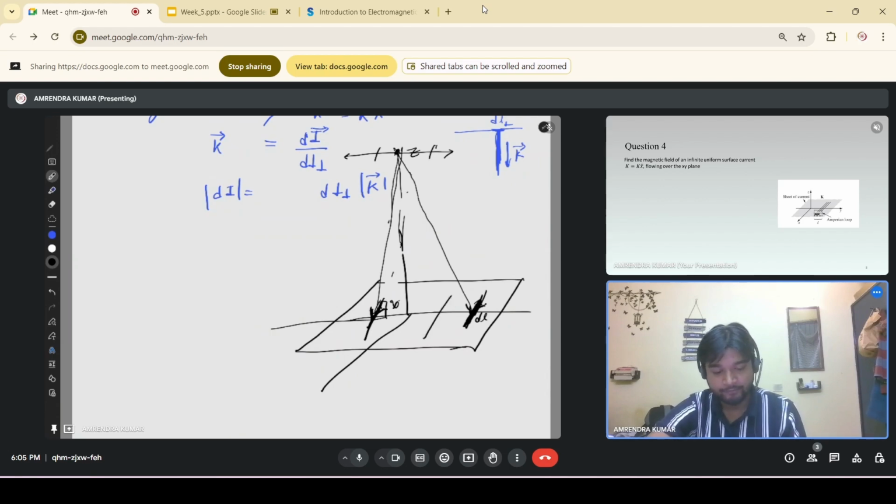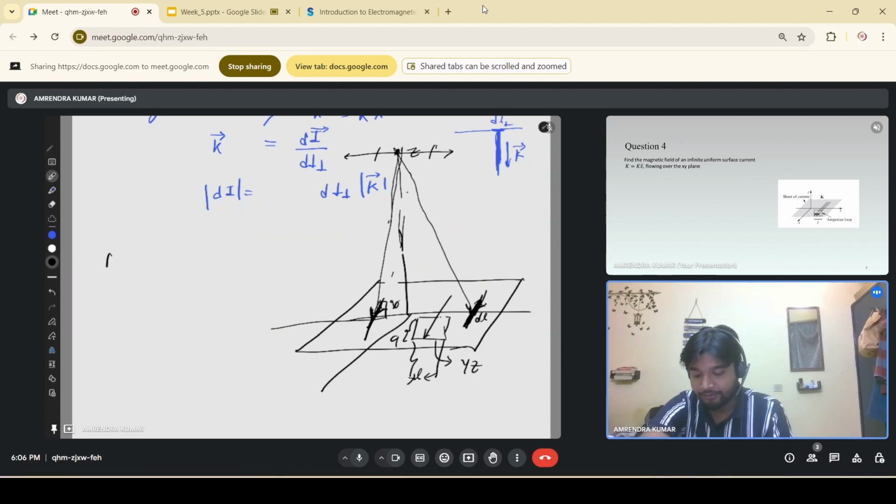Now we know Ampere's law. So here what we can do is draw a pillbox in the yz plane with length L from here to here. This length is L, and let's say it has some area A. We take B dot dl closed integral about this loop, which is enclosing the surface current. So B dot dl is equal to mu 0 I enclosed.